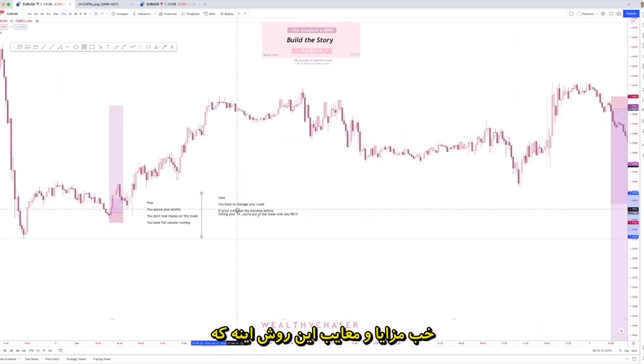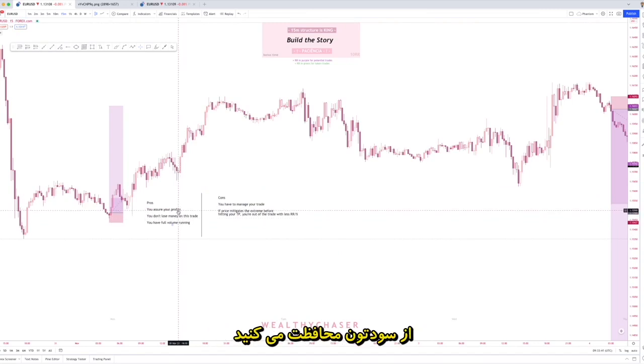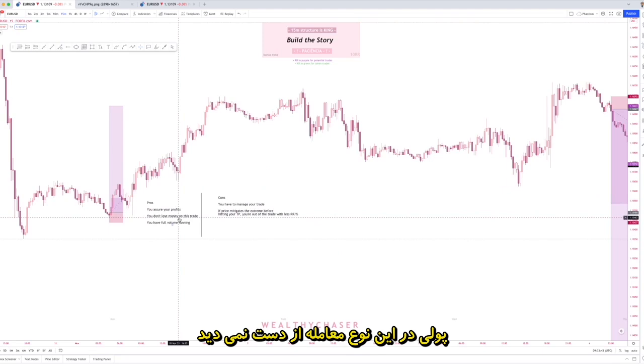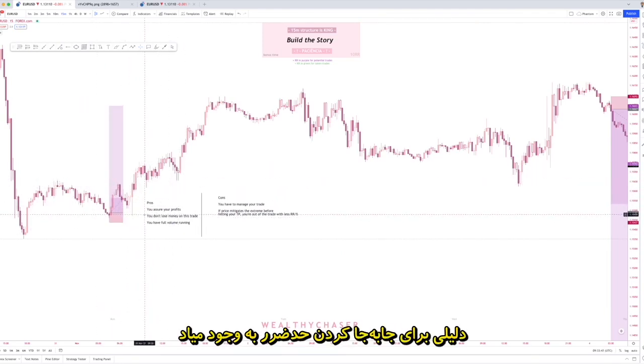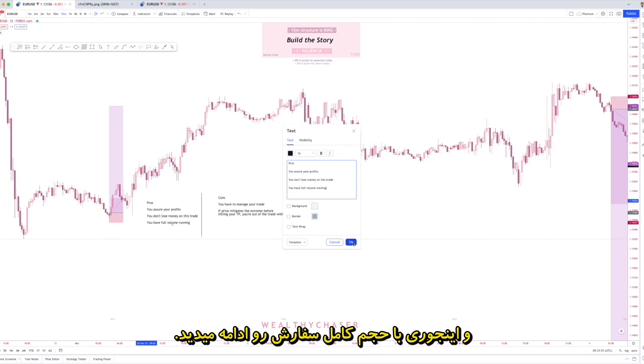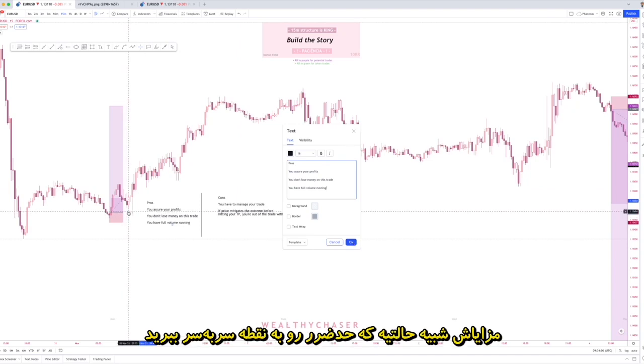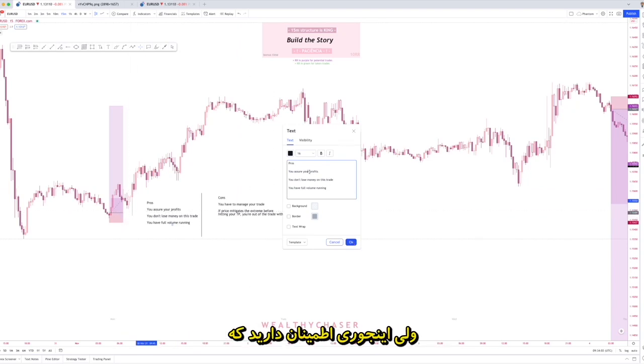So the pros of that is also you assure your profits. You don't lose money on this trade if the trade gives you reason to move your stop. You have full volume running. It's the same pros as moving your stop loss to break even, but you're assuring your profits increase along the time.